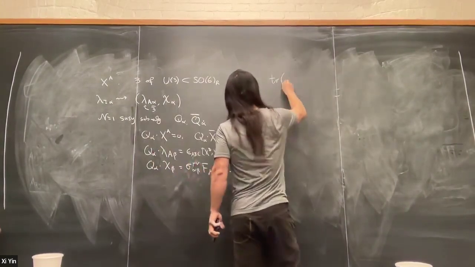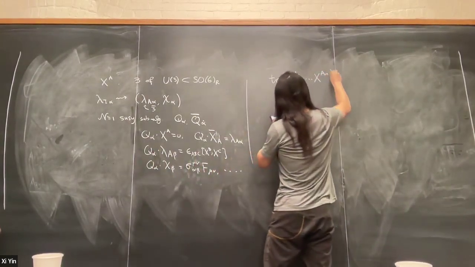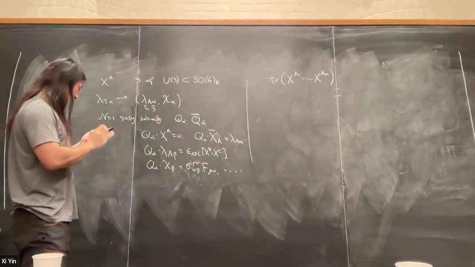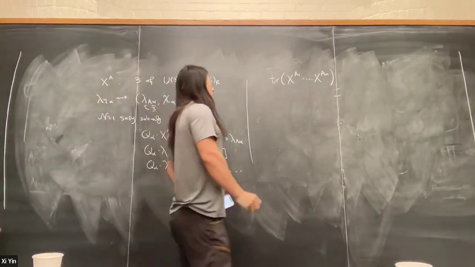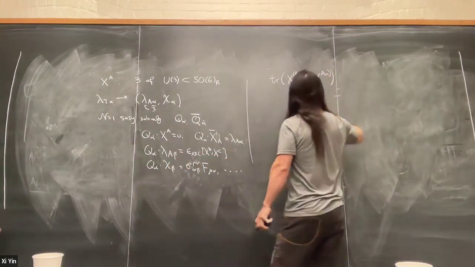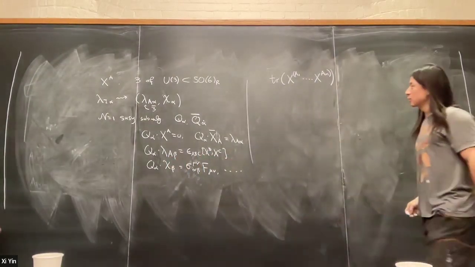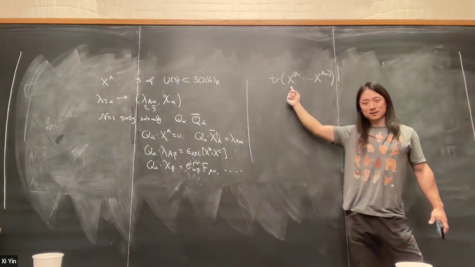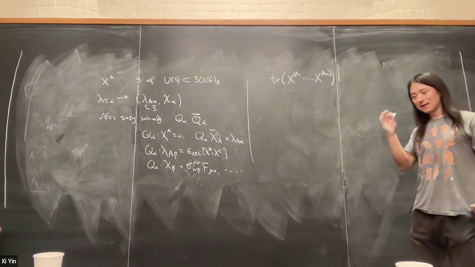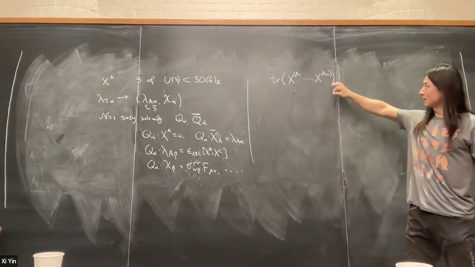So let's write trace X_a1 through X_an. It's a well-known fact that if you symmetrize the indices inside the trace and restrict to the traceless part, you have a chiral primary, a BPS operator.